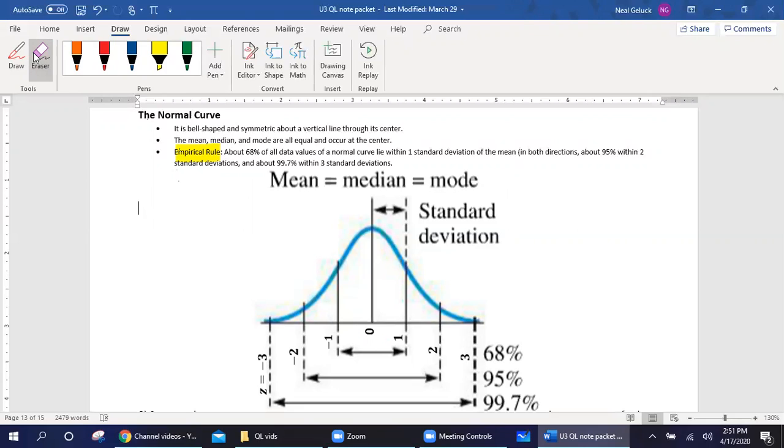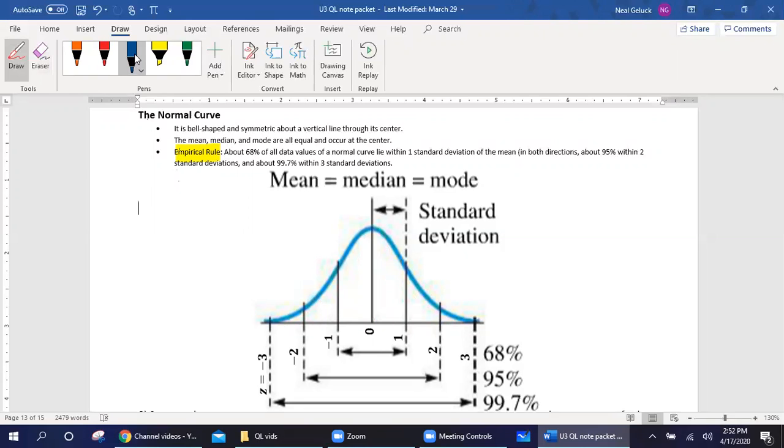Now, what the empirical rule says is, if again, this curve is actually representing some little bars, and remember those bars each represent an amount of data values in that group, in that class. The empirical rule says that about 68% of those values are within 1 standard deviation from the middle.